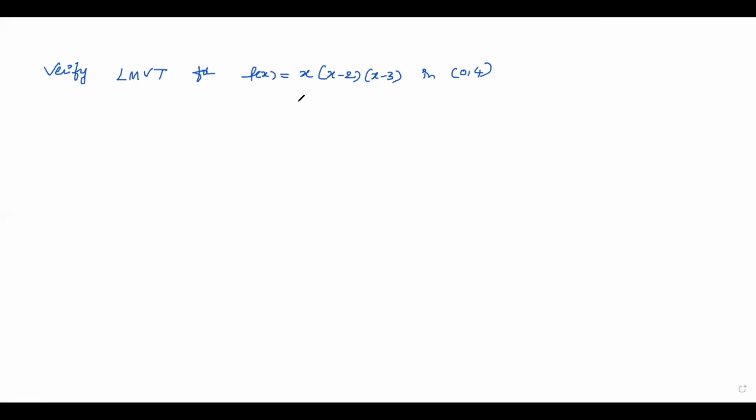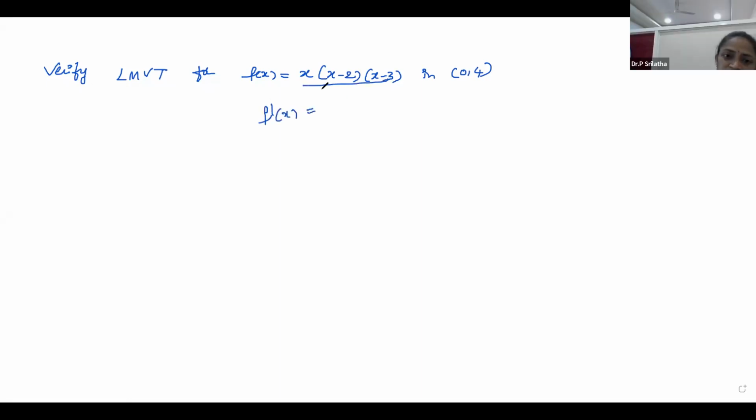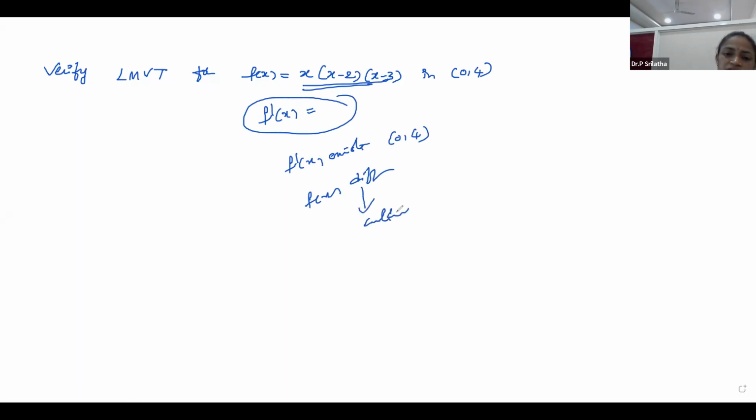You need to simplify this one, and from that you can find f dash of x. f dash of x will exist because it is polynomial, so directly you can write that f of x is differentiable. If it is differentiable, then it will be continuous. So we just need to find the C value from this formula.